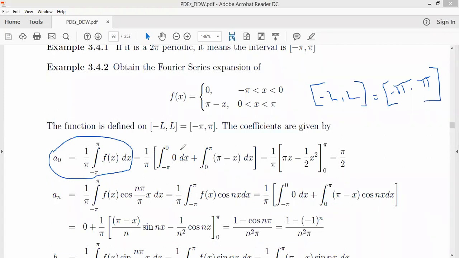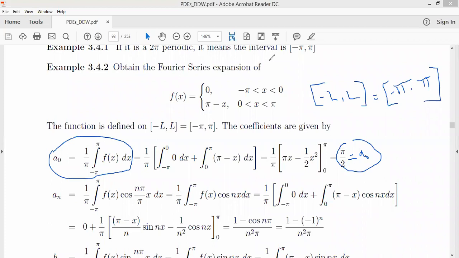Negative pi to 0, that is 0. Then we take the other one, 0 to pi of pi minus x. Normal integration. You realize that your a0 is this one here. You have got the first Fourier coefficient. That is it. There is nothing big there.